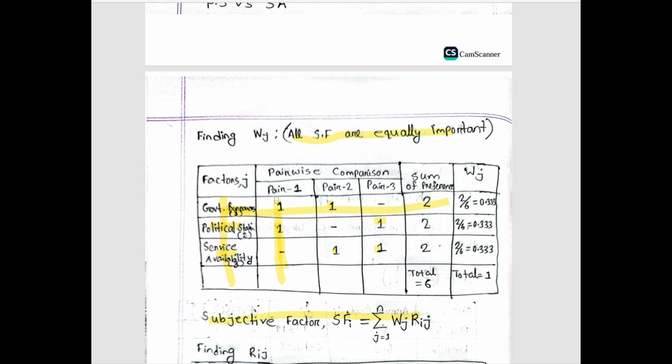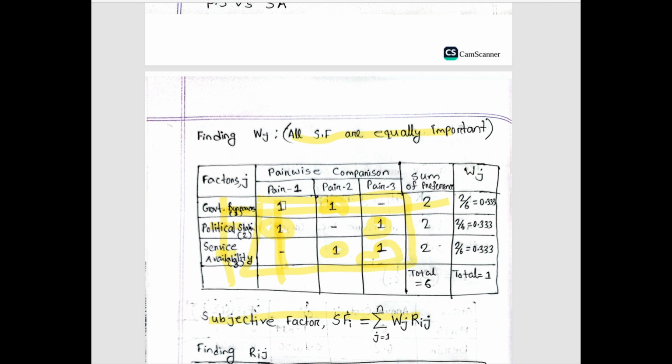Now we have a shortcut here. If we consider this table, how many 1s do we have in this table? First one, second one, third one, fourth one, fifth one, sixth one, total 6 ones. That's why we put 6. Then how many 1s does the first row have?